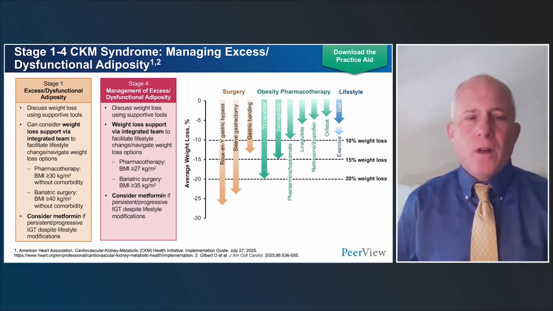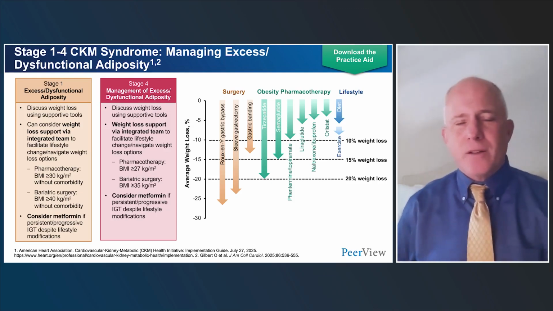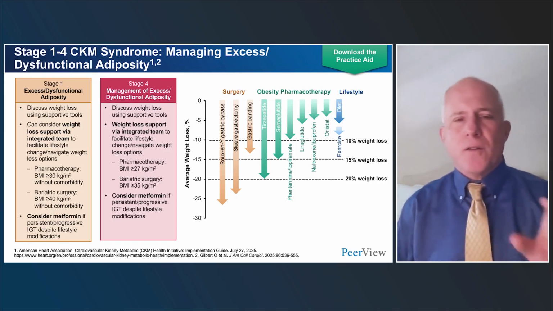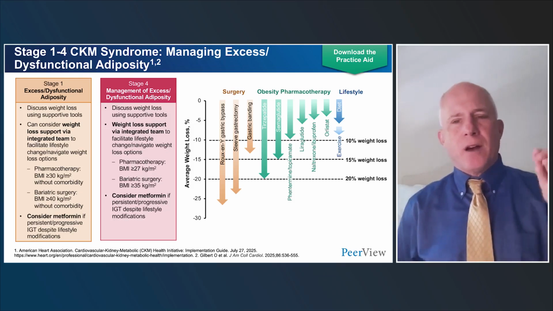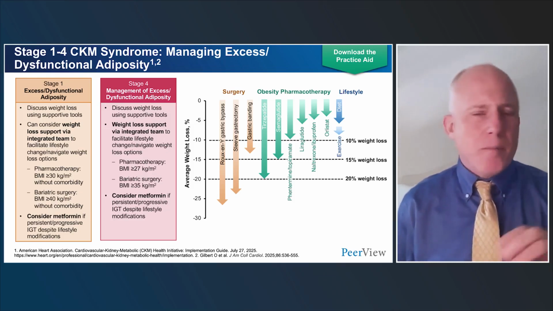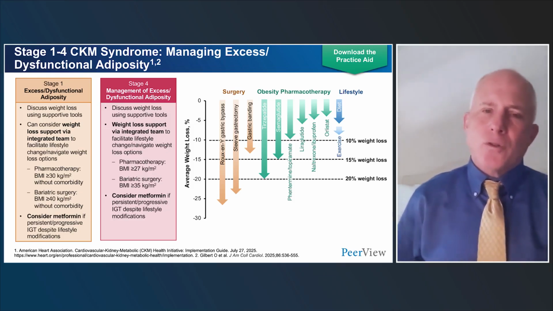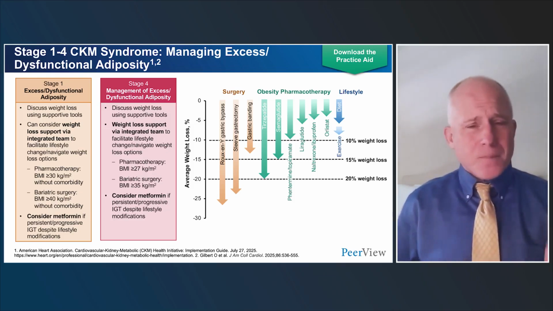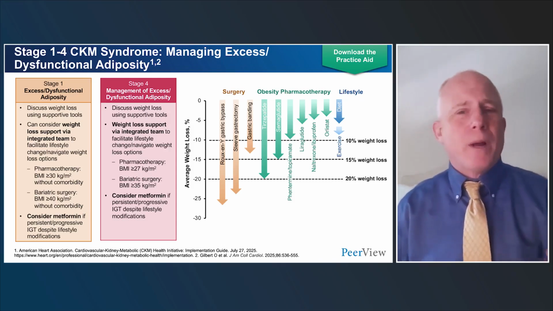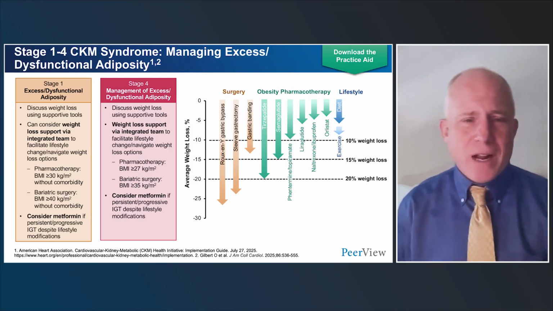And at stage 1, we really need to take that comprehensive lifestyle approach to prevent that person from going on to develop metabolic disease, and think about a comprehensive weight management approach that includes lifestyle, medications if needed, and surgery when needed as well. And we do know that we have pretty good evidence about what weight loss can be achieved with each of these strategies.